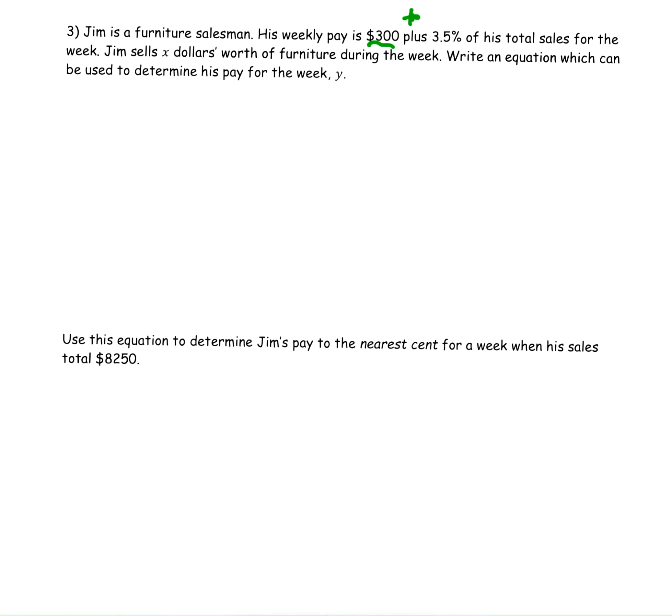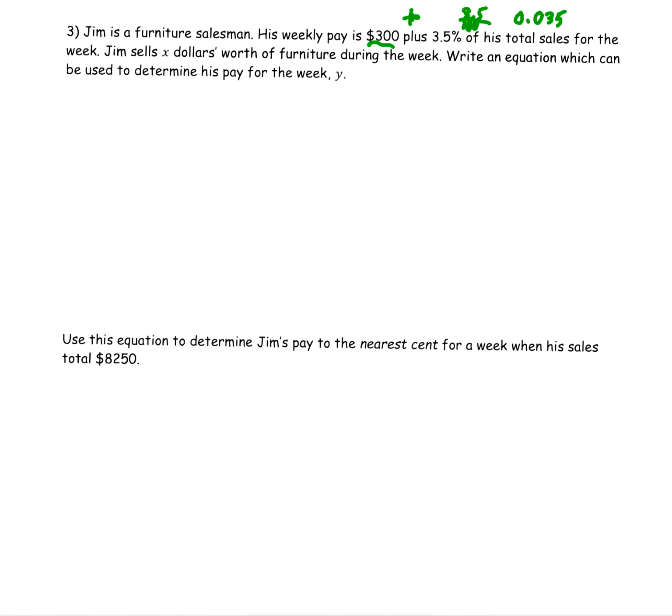Remember, to take a number out of percentage, you take the percent divided by 100, which essentially just moves the decimal place over to the left, makes it a smaller number by 2 place values. So 0.035 would be the number we want to use for 3.5% of his total sales for the week.